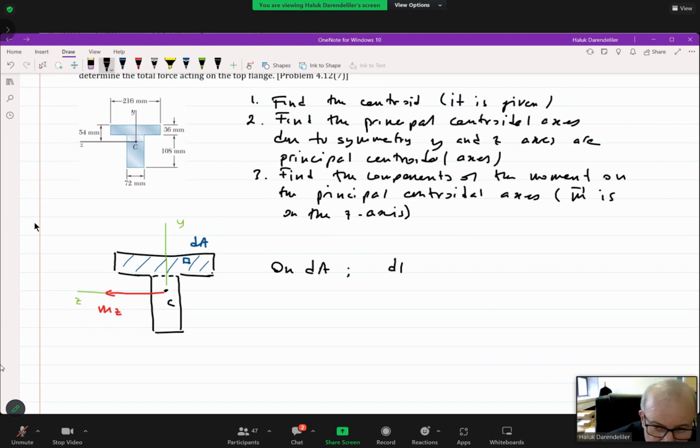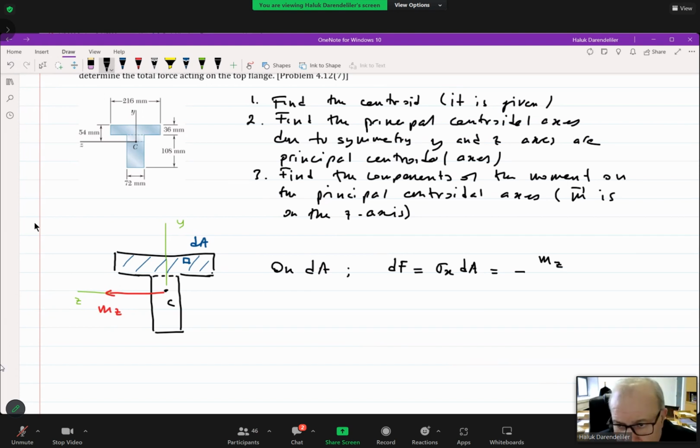I have an infinitesimal force, and this force obviously is equal to the normal stress on that area due to bending, sigma x, which is perpendicular to the YZ axis, times dA. Okay. However, I know that for this cross section, sigma x is equal to minus Mz times y over Iz.